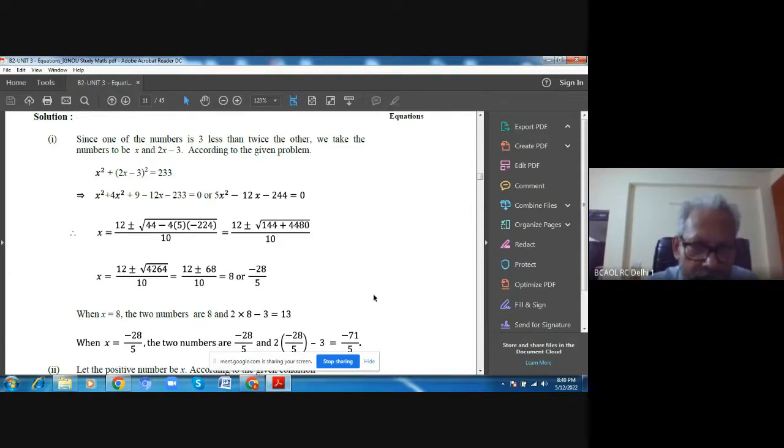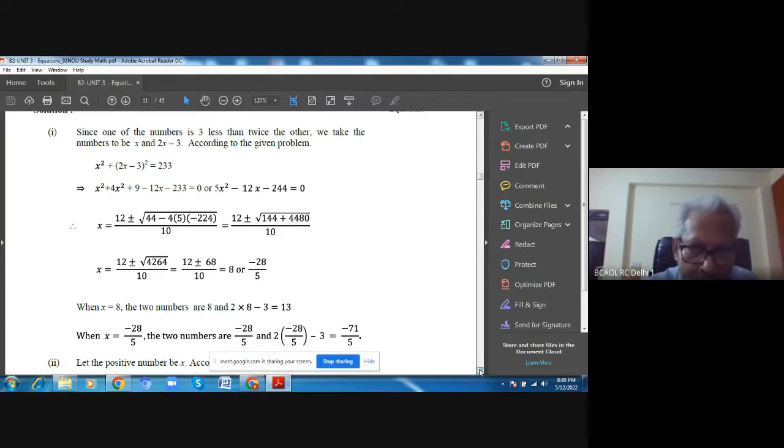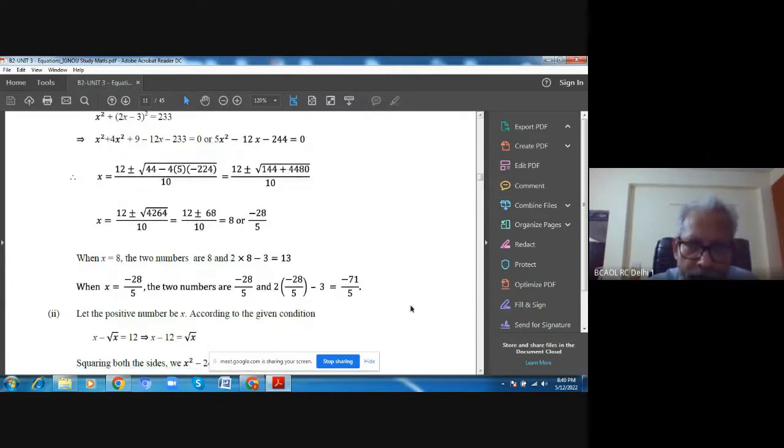So ultimately our result will be this one. The two numbers are this one and this one. Finally it is reduced again, minus 71. So finally, minus 28 by 5 and minus 71 by 5 is your answer. There are two numbers.